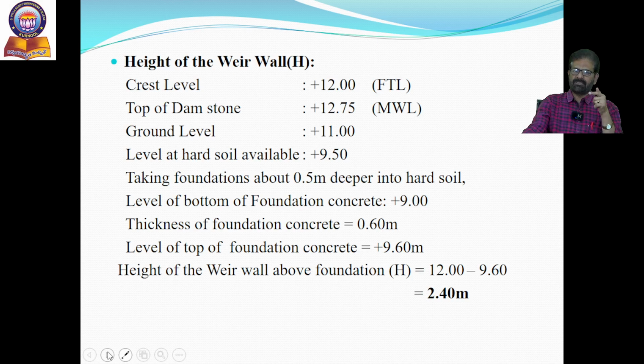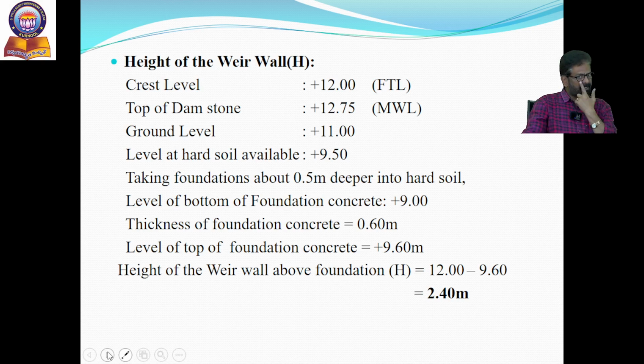So 9.5 minus 0.5, 9 meter is the bottom of the foundation concrete. In other words, we need to excavate for the construction of the weir wall up to a level of plus 9 meters. As the existing ground level is 11 meters but the bottom of the foundation is 9 meters, we need to excavate 2 meter depth. Depth of excavation is 2 meters.